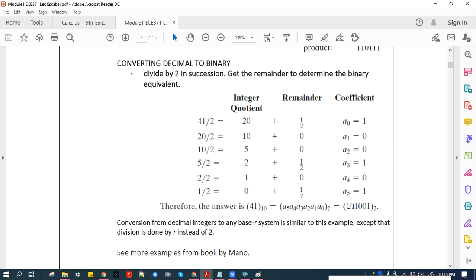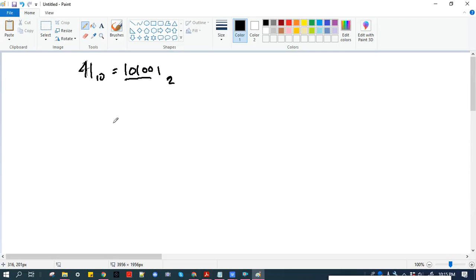To find this binary equivalent, we divide the number 41 by 2 in succession. Another way to write this is the usual division.